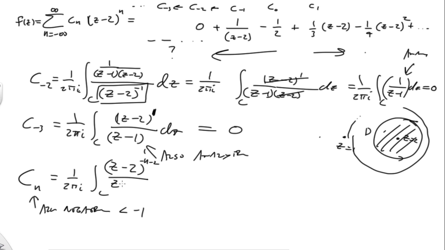All over z minus 1. And this is, of course, analytic on the domain that we're interested in, and that will always be 0. So what we see here is all the negative powers below the n negative 1 are all 0. So the Laurent series is truncated in one direction, but it's infinite in the other direction.